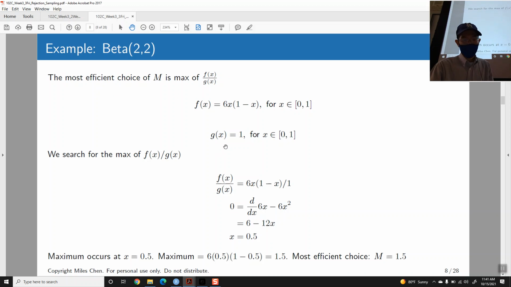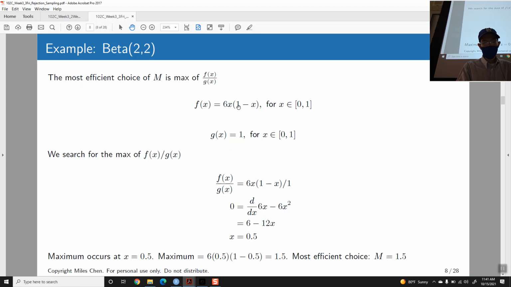Here's f, here's g. We search for the maximum value of f over g. So 6x times 1 minus x is f, divided by g, which is just 1. Then we take the derivative, set it equal to 0, and solve. The derivative equals 0 at x equal to 0.5.